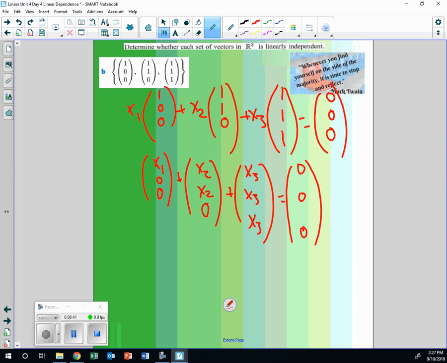Anything good happening here? What's x3 equal to? 0. So if x3 is 0, what's x2 equal to?